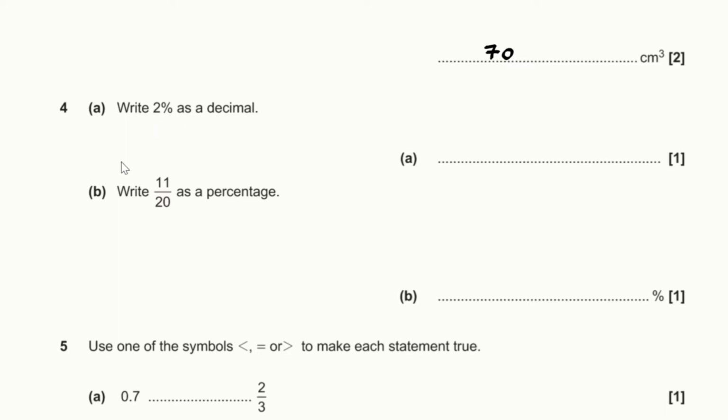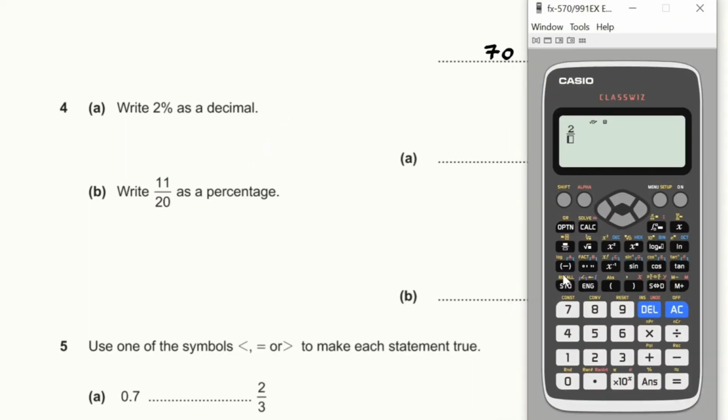Question number 4. For part A, we have to write 2% as a decimal. Well, percentage means out of 100. So we have 2 out of 100, which as a decimal is 0.02. Next, we have to write 11 over 20 as a percentage.